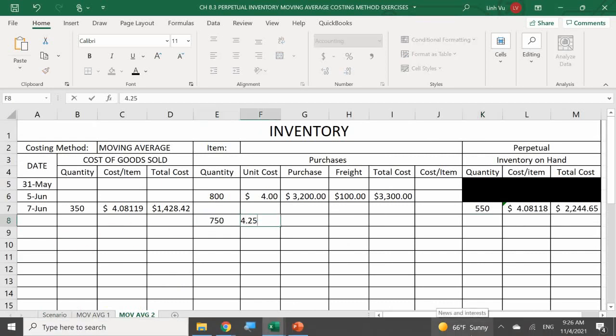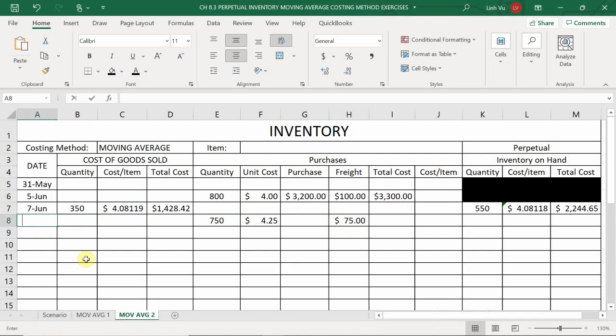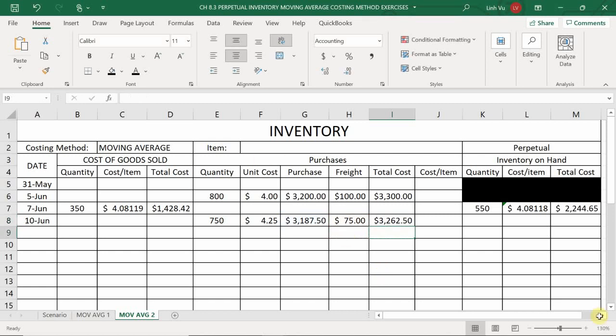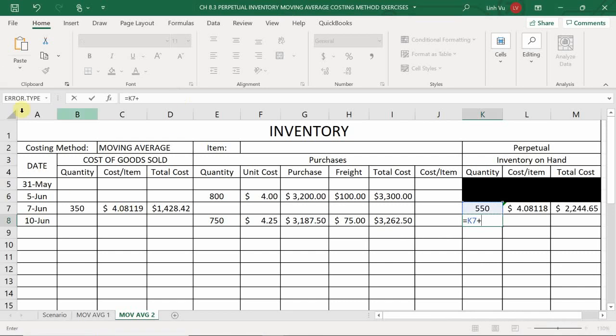On June 10, what is going to be my purchase price? 3,187.50, plus 75, 3,262.50.